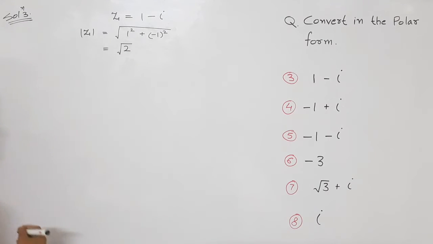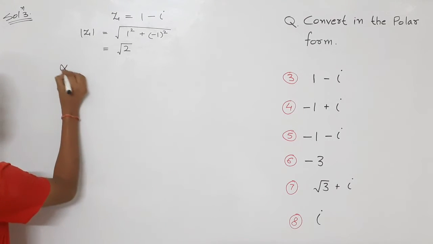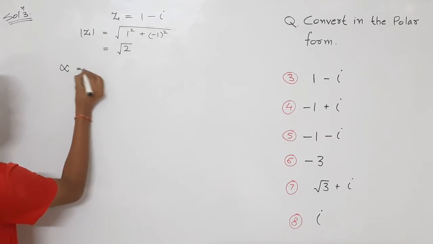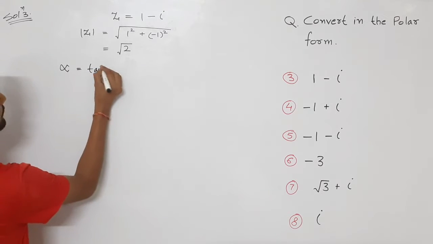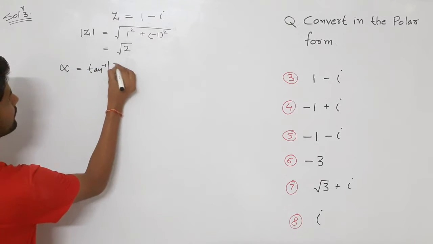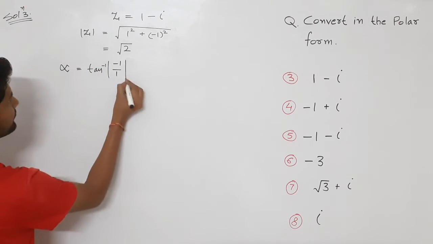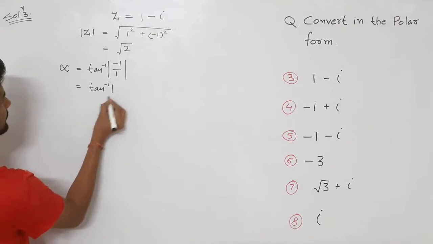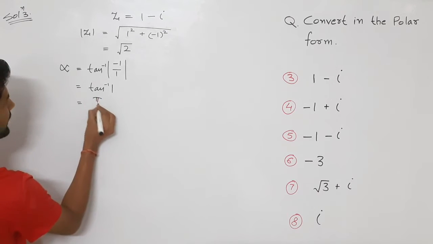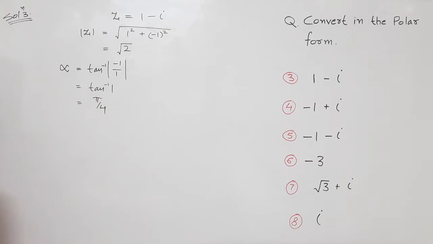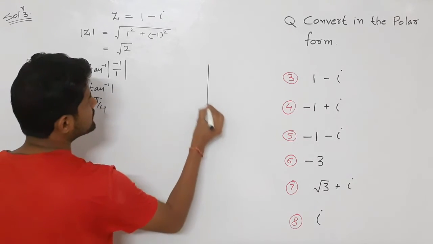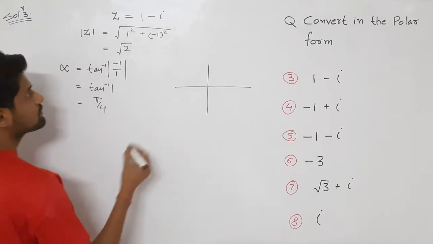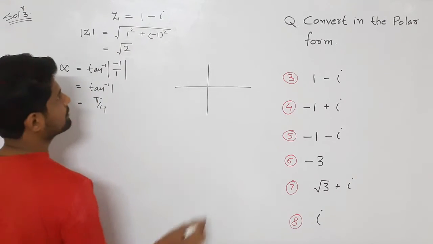Now we have to find out argument of that complex number. For that, first we will find out this acute angle, which is equals to tan inverse mod of minus 1 upon 1. This is equals to tan inverse 1. This is equals to pi by 4. Now we will see in which quadrant this particular complex number lies.